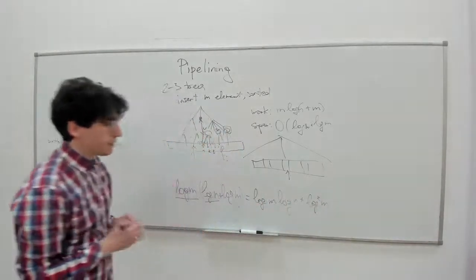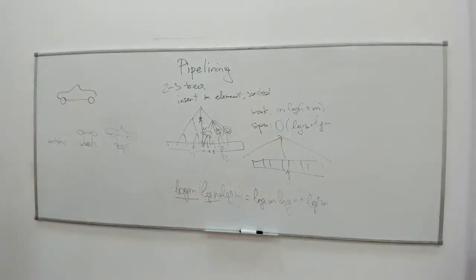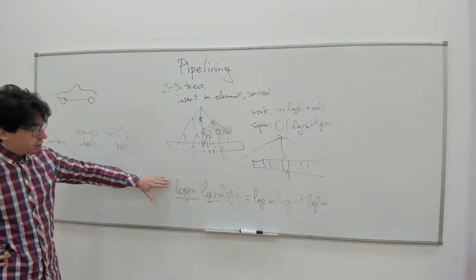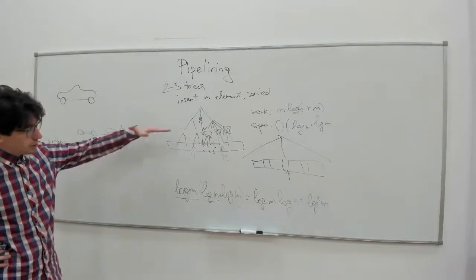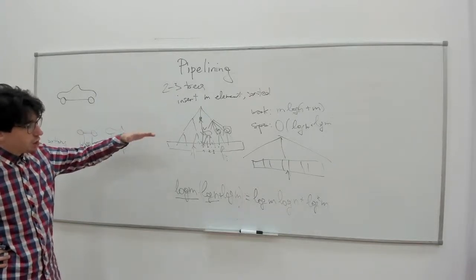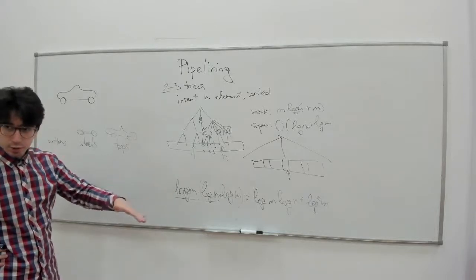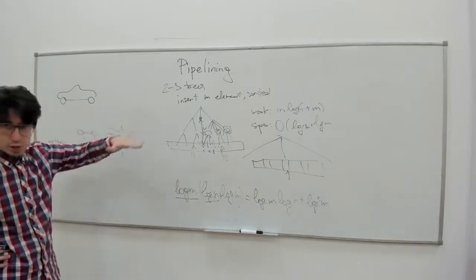So you have this span here. Again, on each step we have logarithm m span due to the parallel for of the elements that we're going to put one level up.